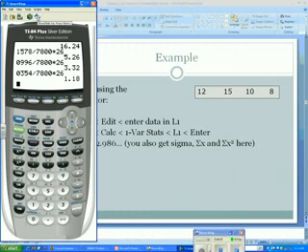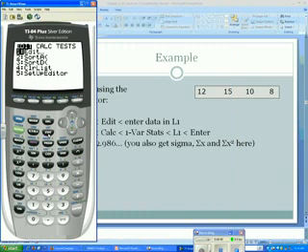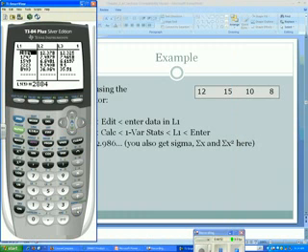We will first enter the data into the calculator. So we want to press Stat and then Edit, so Stat and then Enter. I already have a bunch of data values in my calculator. If your calculator is brand new, you may not have anything in it.